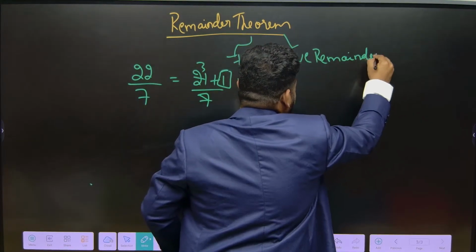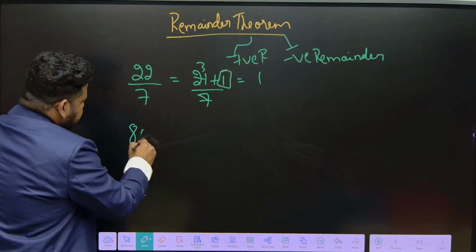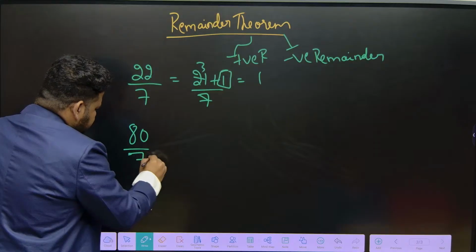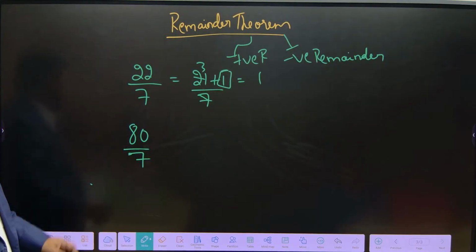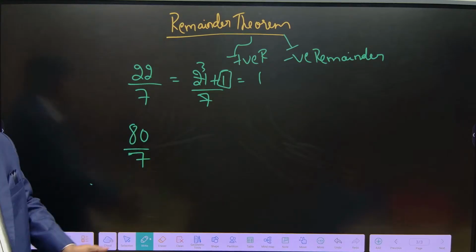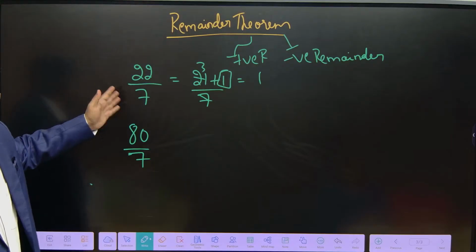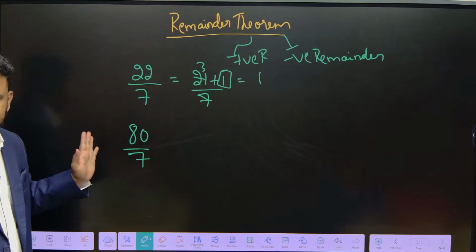Let us take another example. If I divide 80 by 7, what is the remainder that I will get? 3, correct?